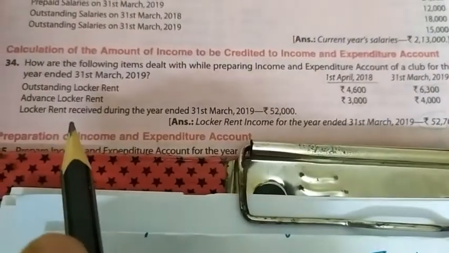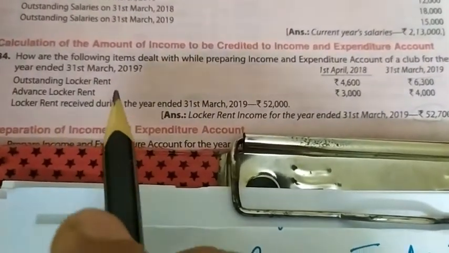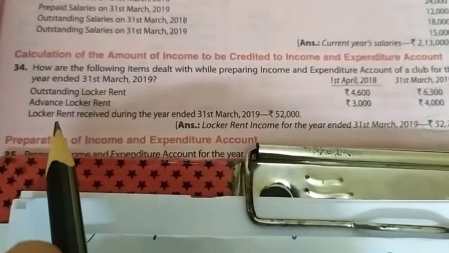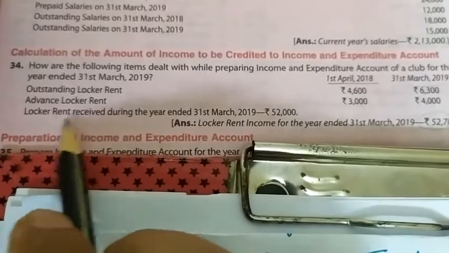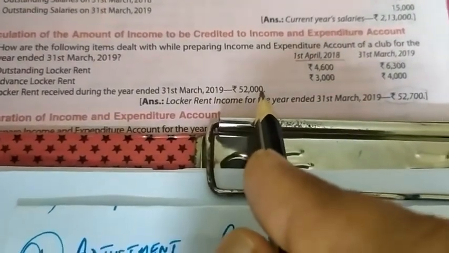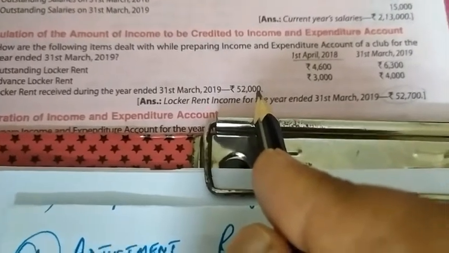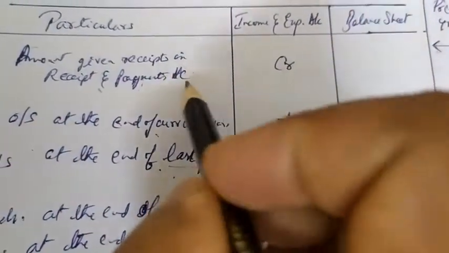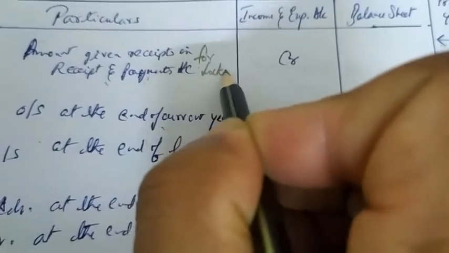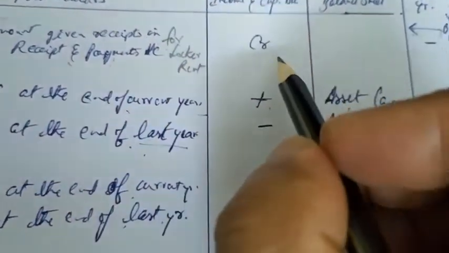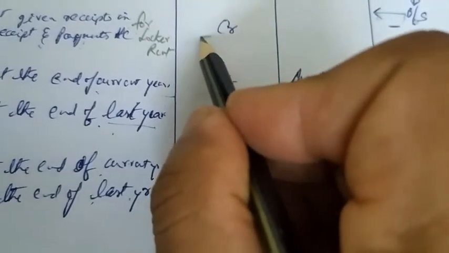We first consider the amount that we have received as income as per the receipt and payment account for this particular item. The amount received for locker rent during the year is 52,000. This amount you are going to take and start with, from the receipt and payment account.